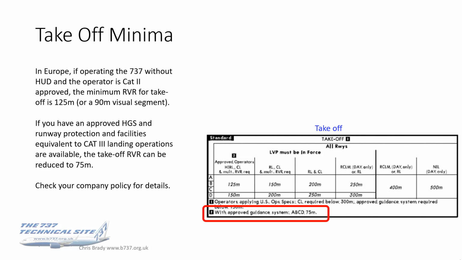If you have an approved HGS and runway protection and facilities equivalent to Cat 3 landing operations are available, the takeoff RVR can be reduced to 75 meters, and that is an extract from a standard minima page for takeoff, and note 2 down there, approved operators with approved guidance system, you can go down to 75 meters. Again, please check your company policy for details for all of this.